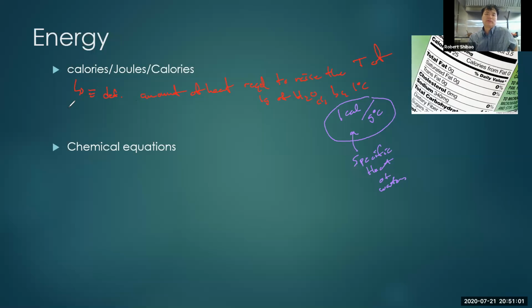The joule is defined by physics. It's a physics definition. It's the amount of energy required to lift 1 kilogram.